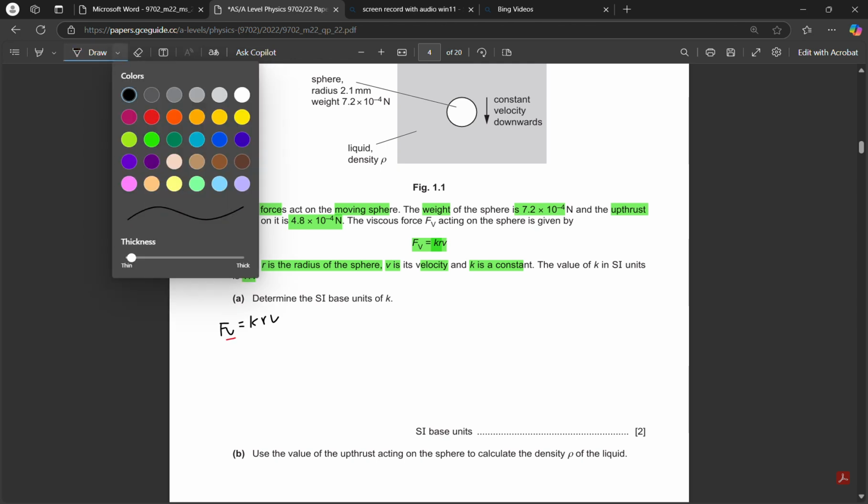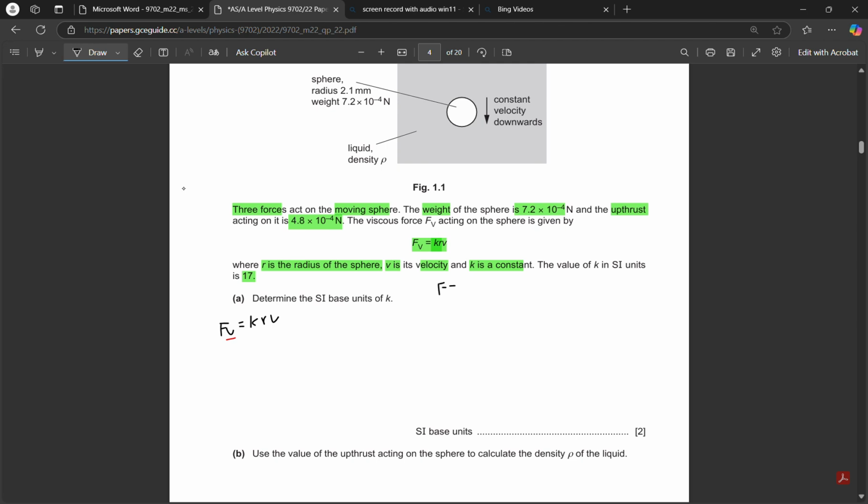We know that force will always have a unit kilogram meter per second squared, as derived from F equals ma. That's simply just the unit for force. It's just better to remember it by heart, but if you need to determine its origin, it's going to be F equals ma. So kilogram meters per second squared.